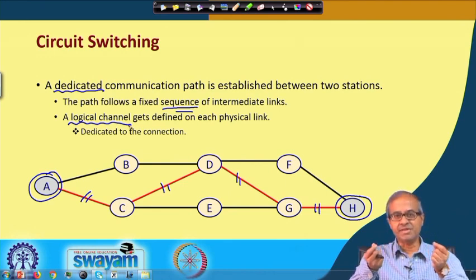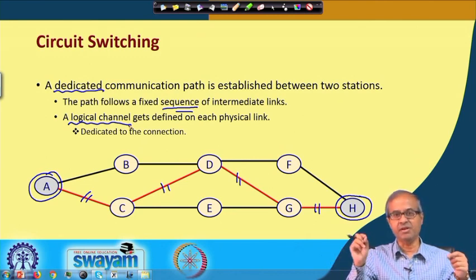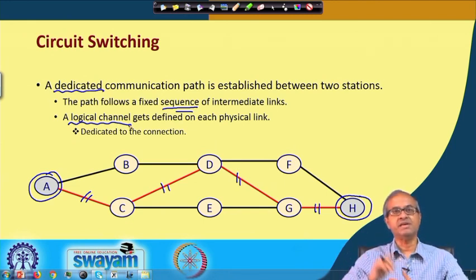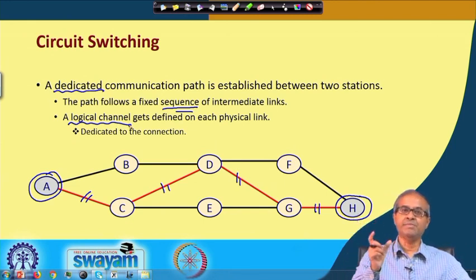Logical channel is something which guarantees you some dedicated bandwidth. Suppose you want a dedicated bandwidth of 64 kilobits per second, let us take an example. So, all these communication channels that you are establishing, they will be guaranteeing a minimum bandwidth of 64 kbps. Okay? That is how this works.